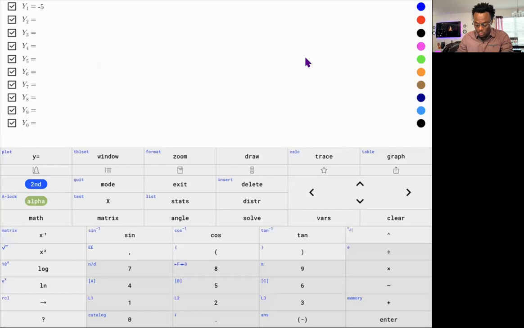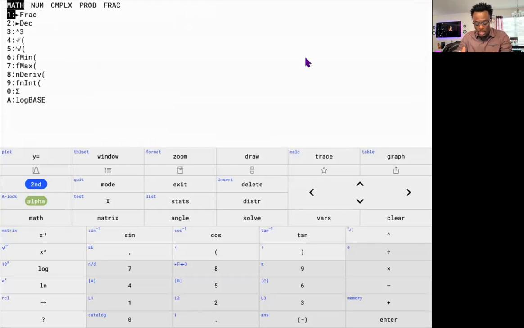All the functions will be found under MATH, so math, and it gives me all the options, but I don't see absolute value. I may want to go to the NUM menu, so we can see if there are more functions here. I see the first one is ABS, that's the absolute value function.